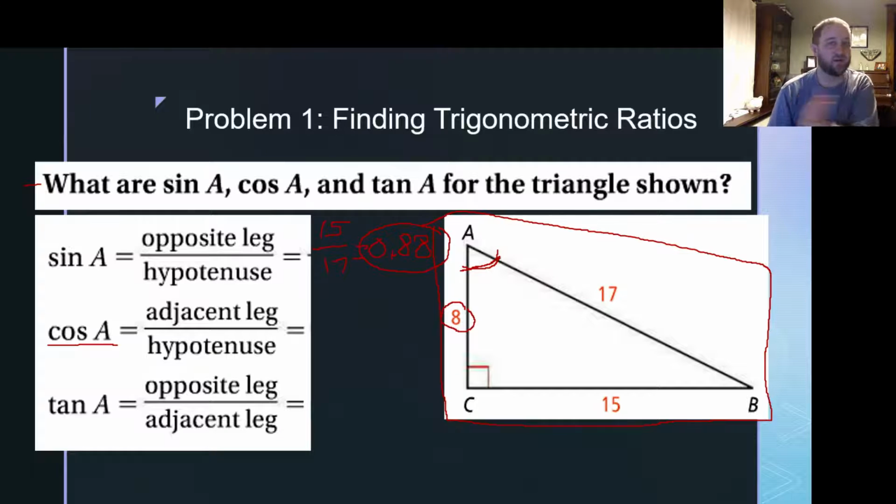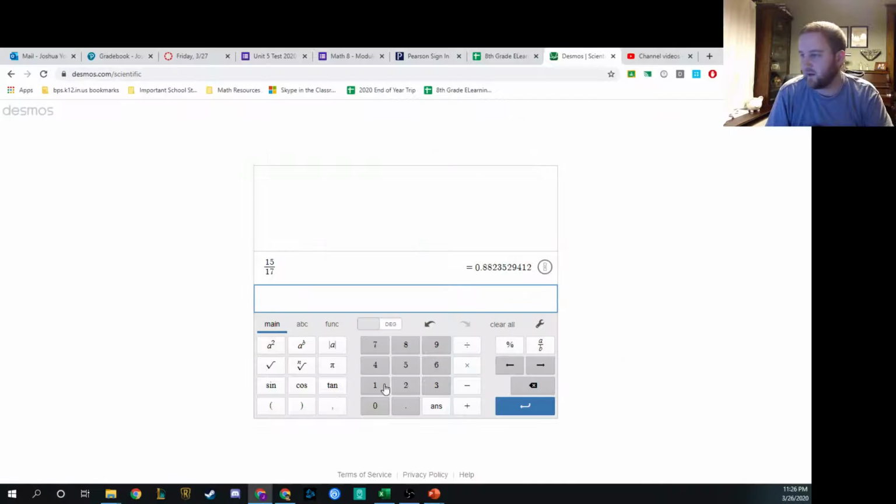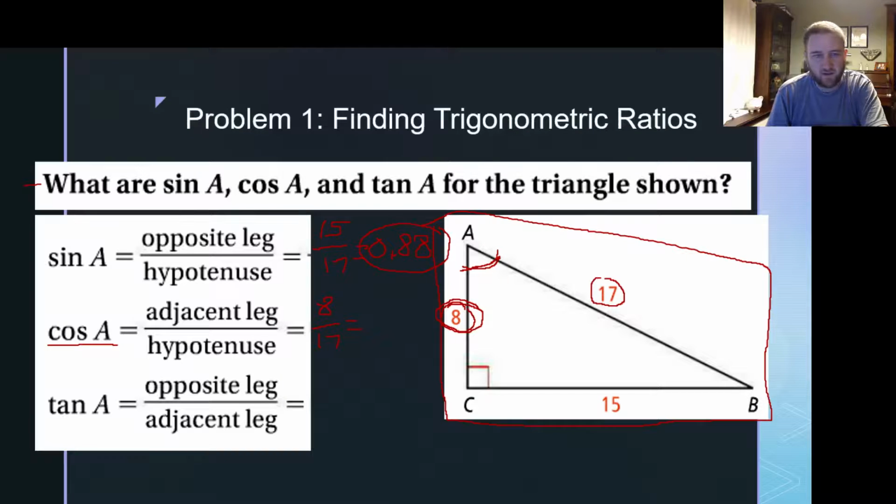Not the hypotenuse that's touching the angle, it's the leg that's touching the angle. So adjacent over hypotenuse is 8 over the hypotenuse of 17. So 8 divided by 17. Let's go ahead and plug that into our calculator. 8 divided by 17, 0.47. So that's the cosine of A.